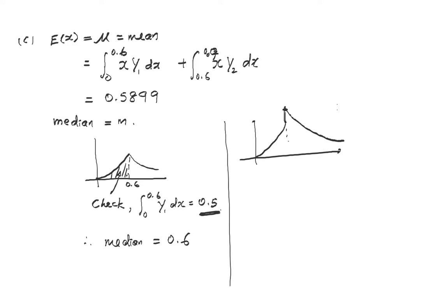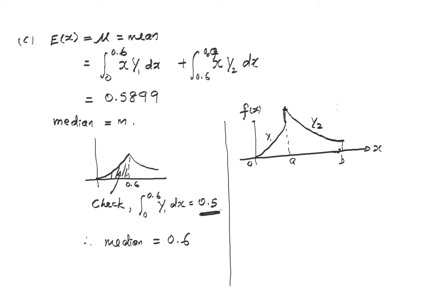And this value is A. Understand? And this one is the B. And here is 0. Okay, this is the x and this is the pfx. This is my y1. And from A onward, I have to use my y2.